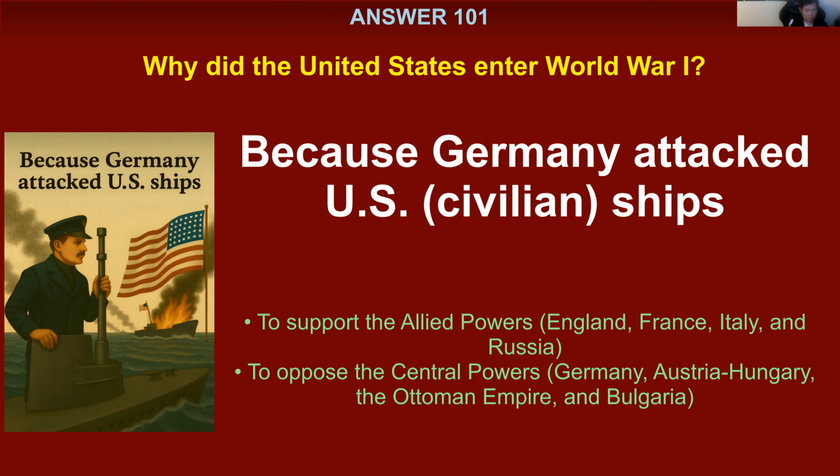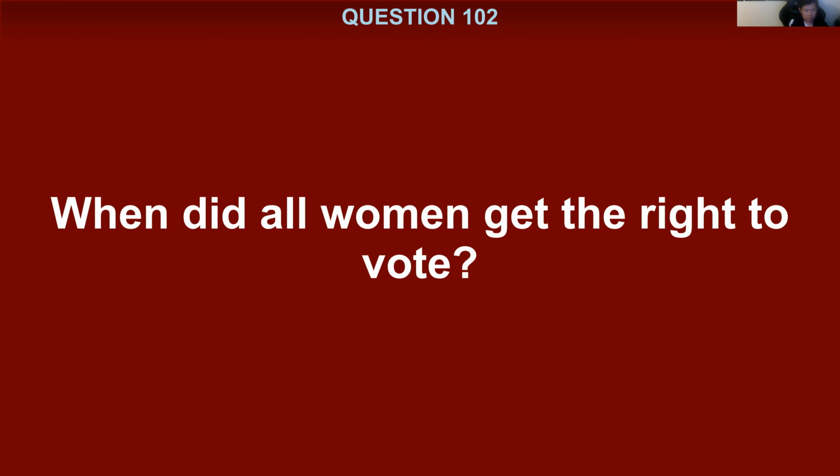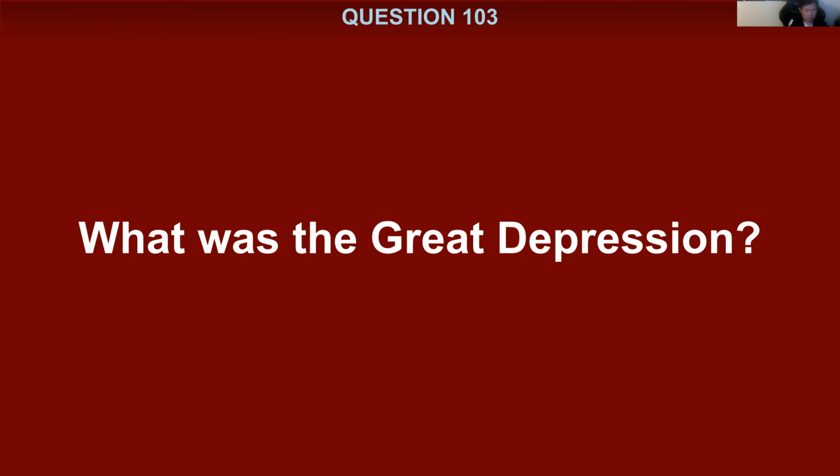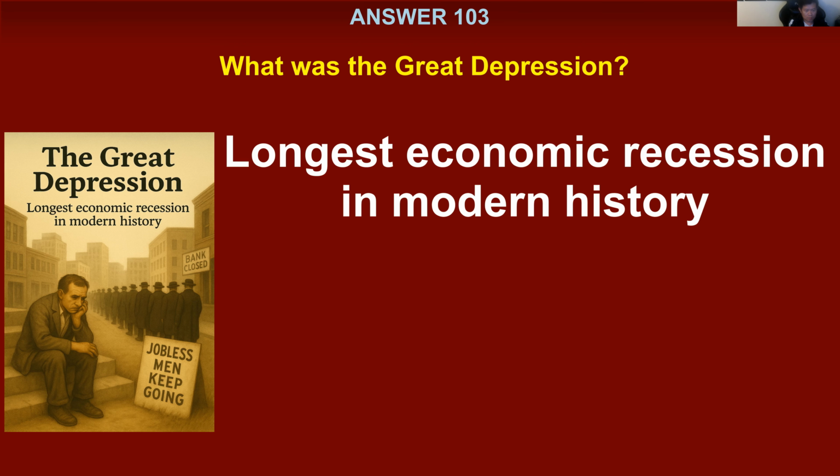Because Germany attacked U.S. civilian ships. When did all women get the right to vote? 1920. What was the Great Depression? Longest economic recession in modern history.